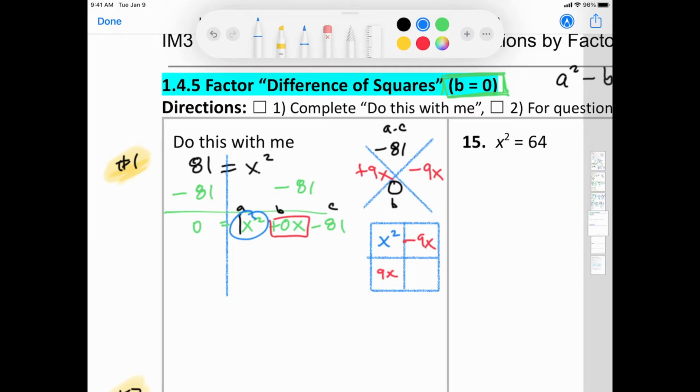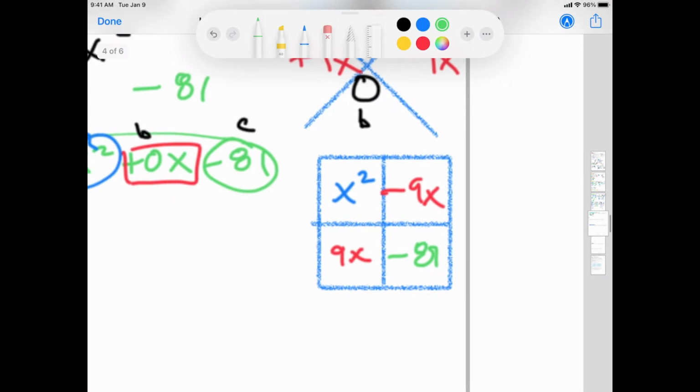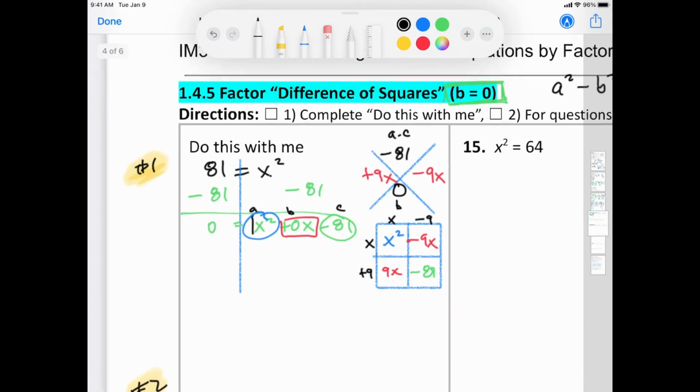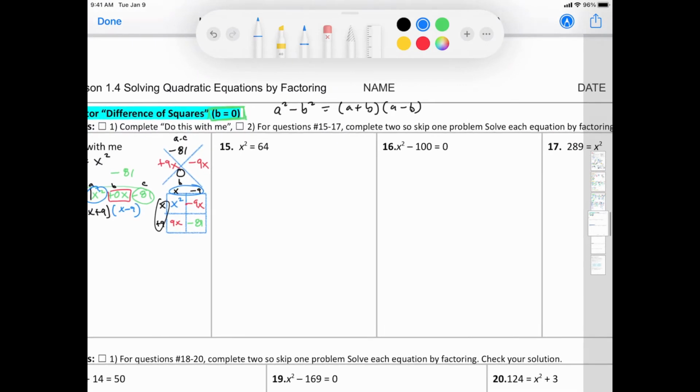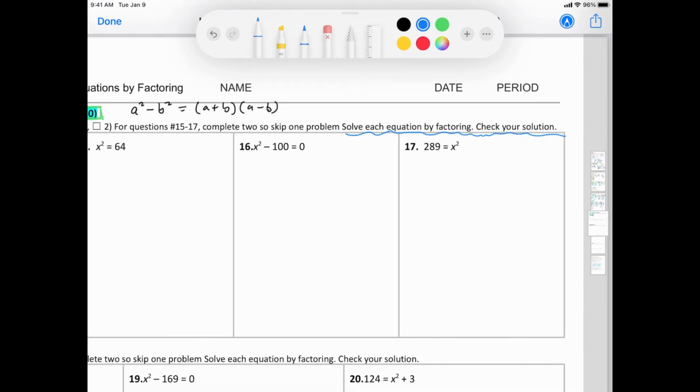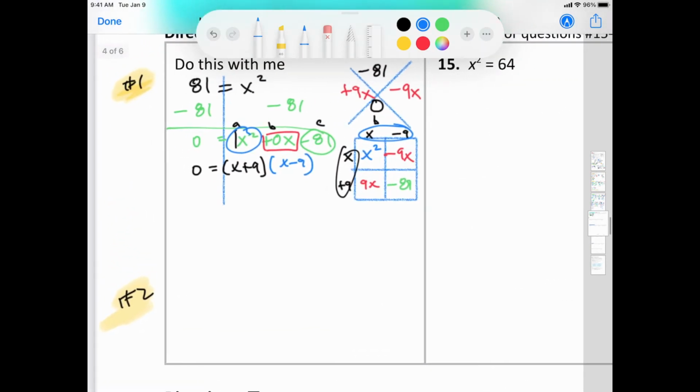That term always goes in the top left, and then the bottom right. Then if you finish this up, take out the greatest common factor of the first top row, which would be x. This one would be a positive 9. The greatest common factor of this column would be x, and this one would be negative 9. And so you would have x plus 9 and x minus 9. And we're doing the same thing here. Solve each of the equations by factoring and check your solution. Set it equal to 0 and solve.